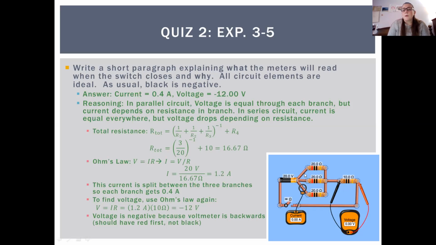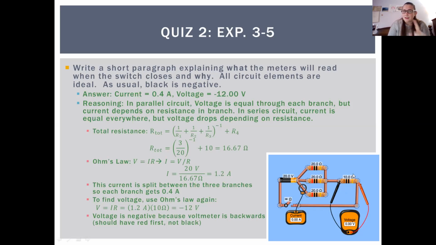So if there's 1.2 amps flowing into these parallel branches, there will be 1.2 amps flowing out of them total. And so there's 1.2 amps everywhere in the rest of the circuit. So our current is 1.2, our resistance is 10, and that gives us a magnitude of 12 volts.